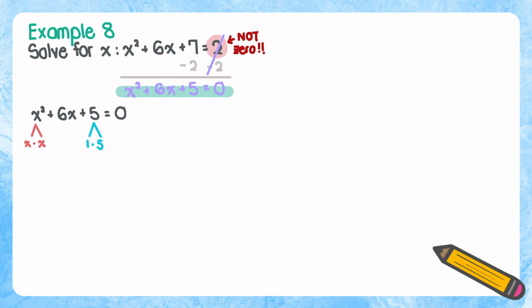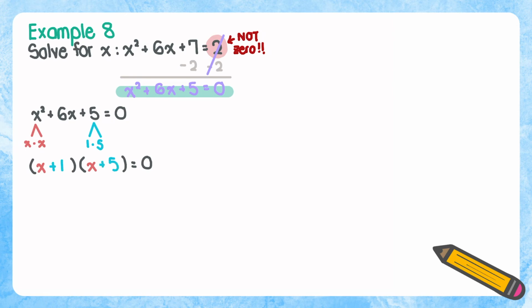So let me write out the general format. After you factor, you're going to have something times something equals 0. And again, I only have one option here. So it's going to be x plus 1 times x plus 5 equals 0.